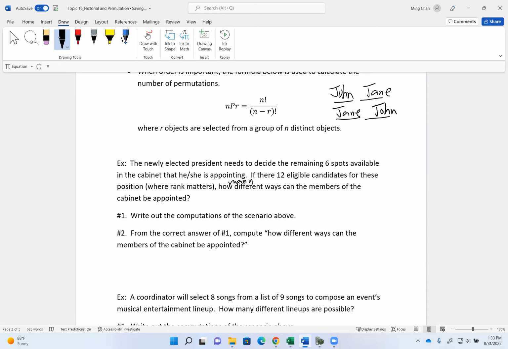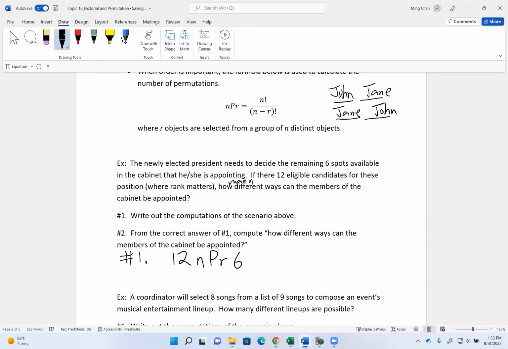All right, so there are 12 distinct eligible candidates choosing for 6 spots. So that's 12 choosing 6 using permutation because the rank matters.